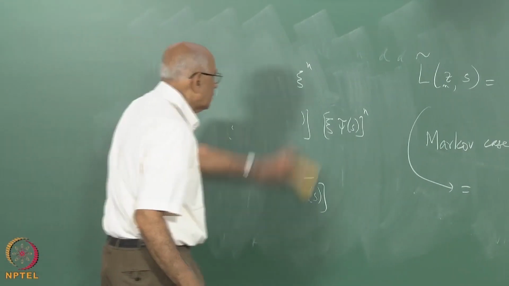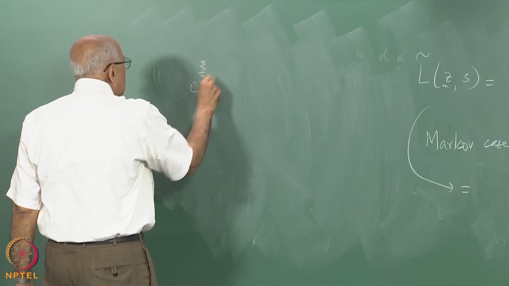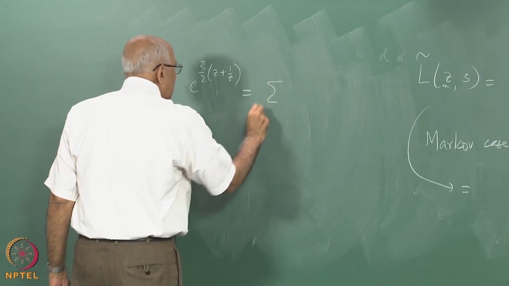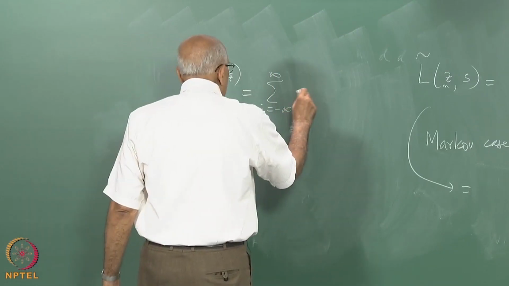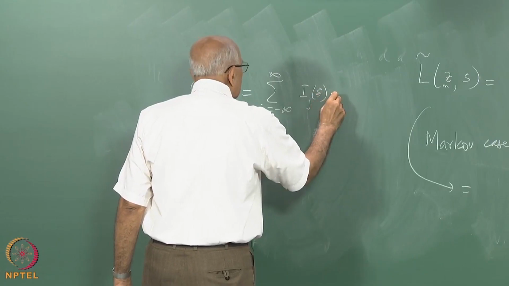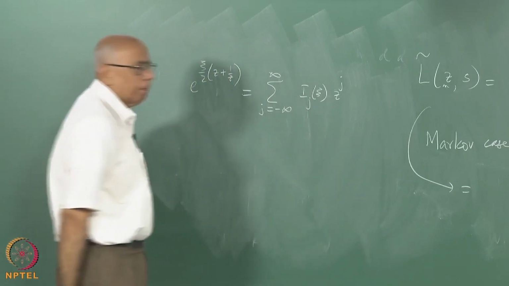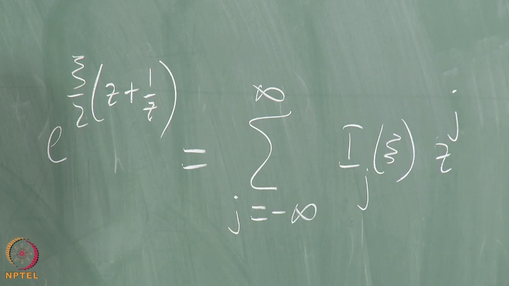So recall that e to the power xi over 2 z plus 1 over z equal to summation j equal to minus infinity to infinity I j of xi z to the power j. And that is the modified Bessel function with the integer order, and I minus j is identically equal to I plus j.